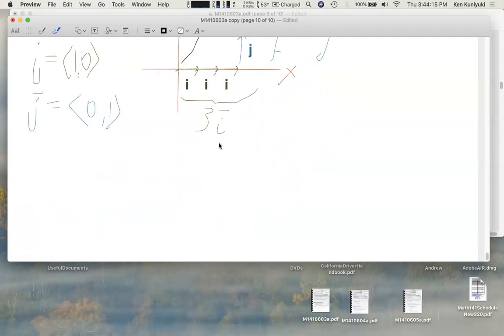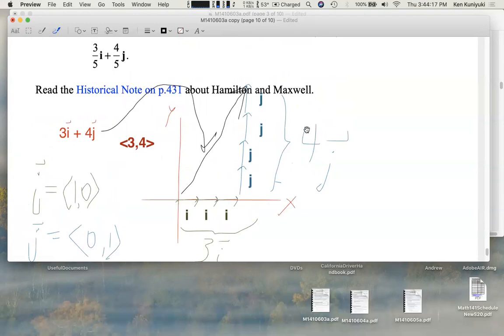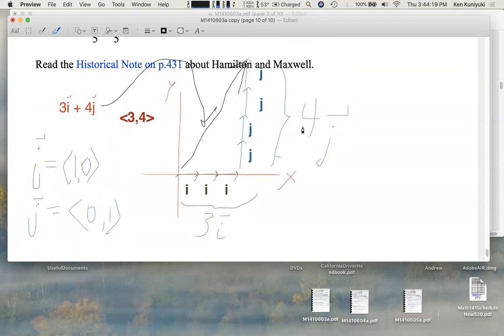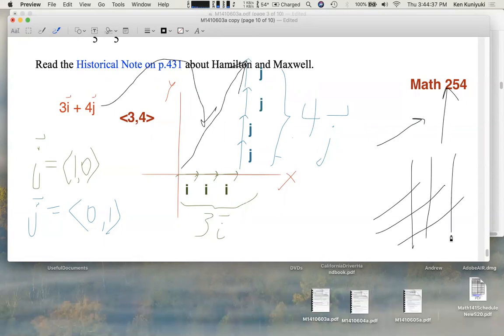Okay, finally, I want to make two final comments. For one thing, in Math 254, linear algebra, here's the game you play. Let's say instead of i and j, you use as your key unit vector, in fact they don't even have to be unit vectors, this vector and this vector as the basis for your coordinate grid. I'm going to rotate this a little bit.